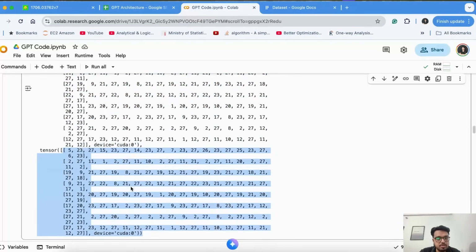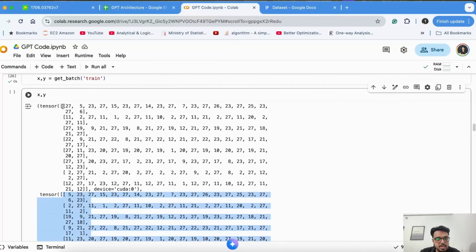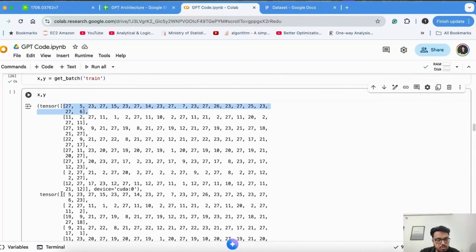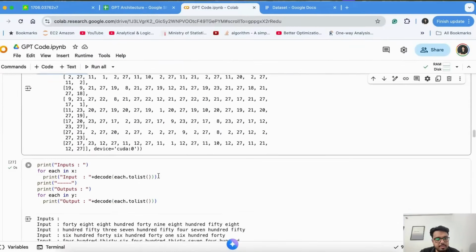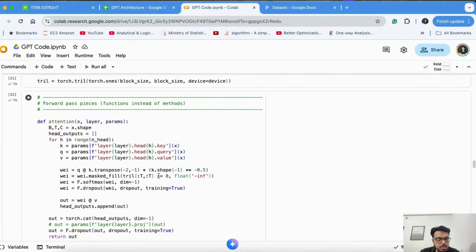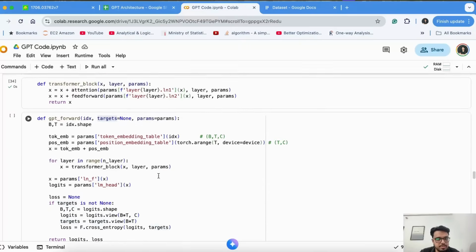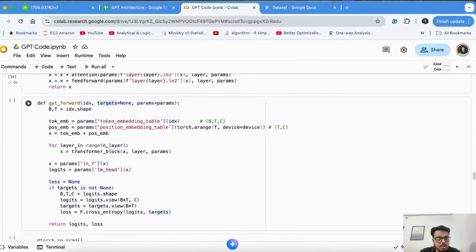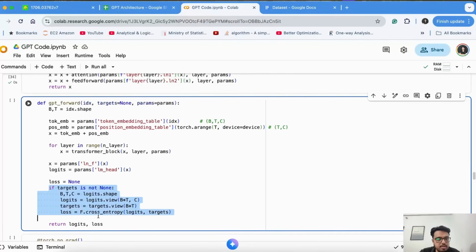It is going to consider each input and output pair, and then iteratively do the training and compute the losses. So this is where the training will happen, and this function will return the updated logits and the corresponding loss.